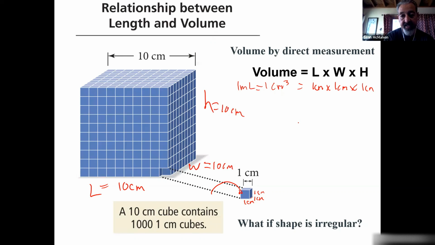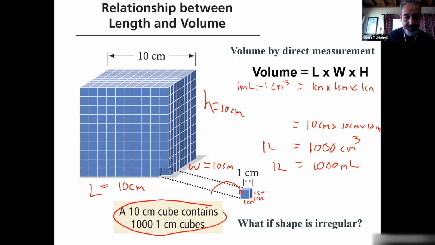If I did that, 10 centimeters by 10 centimeters by 10 centimeters would equal 1,000 centimeters cubed, and that's equal to 1 liter, because remember, a centimeter cubed is the same as a milliliter. There's 1,000 milliliters in 1 liter. So if you have a perfect cube, you can take a ruler, measure it out, and do the volume using length times width times height.